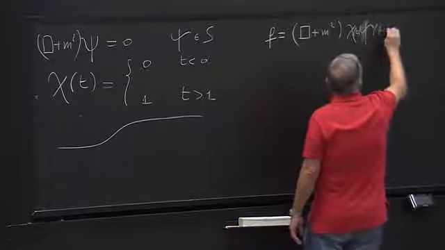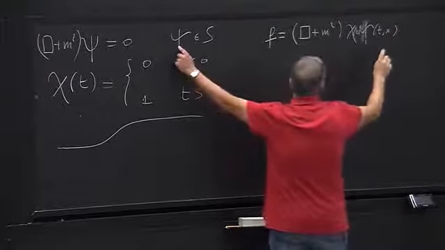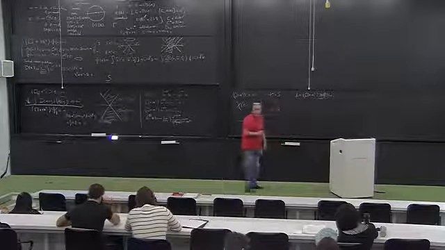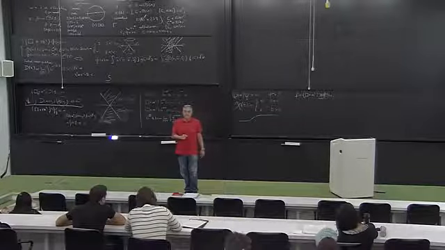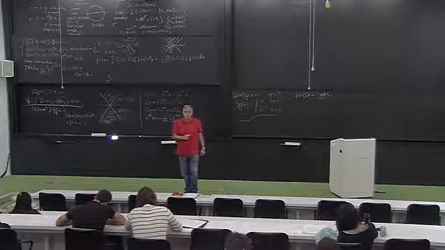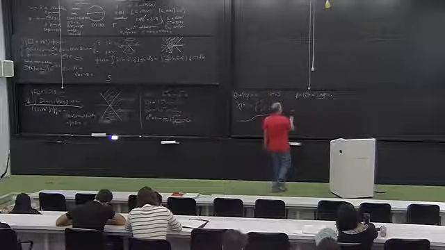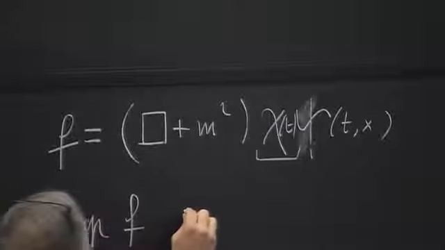This is a function of t of x. This is the solution of the Klein-Gordon equation we have started with. This is this step function, and you apply the Klein-Gordon operator to it. You see what it is? First statement is that f has support which is compact.